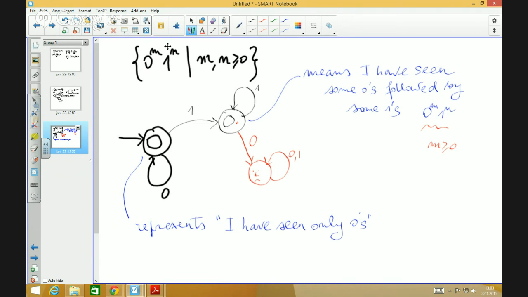Question. Okay. So your colleague is saying, well, could I have just come up with a different finite automaton, which makes a different decision in the start state? Instead of staying where it is when it sees a 0, it could go somewhere else in a new state, which is also an accept state.